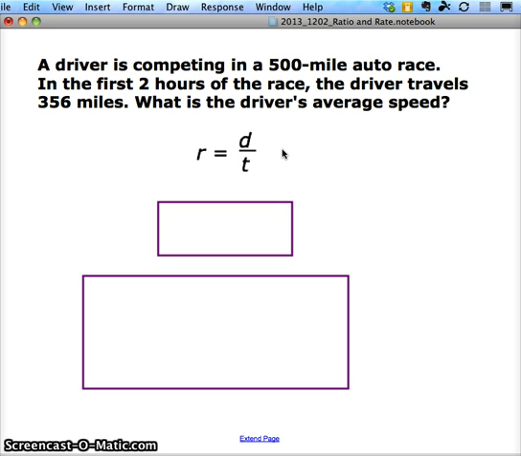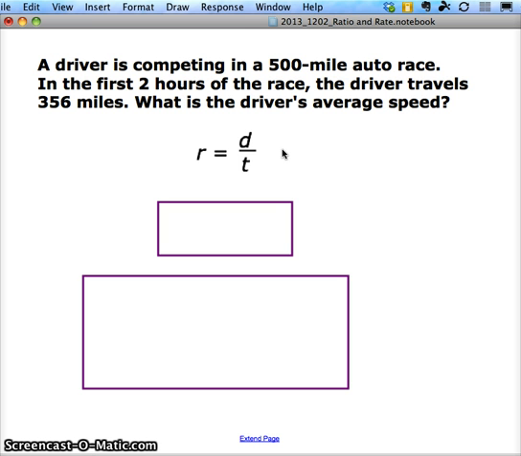So similar to our density formula, if you want to determine the average speed, that's obviously talking about miles per hour. So use the information and try to determine the driver's speed. So the driver is competing in a 500-mile auto race. In the first 2 hours of the race, the driver travels 356 miles.